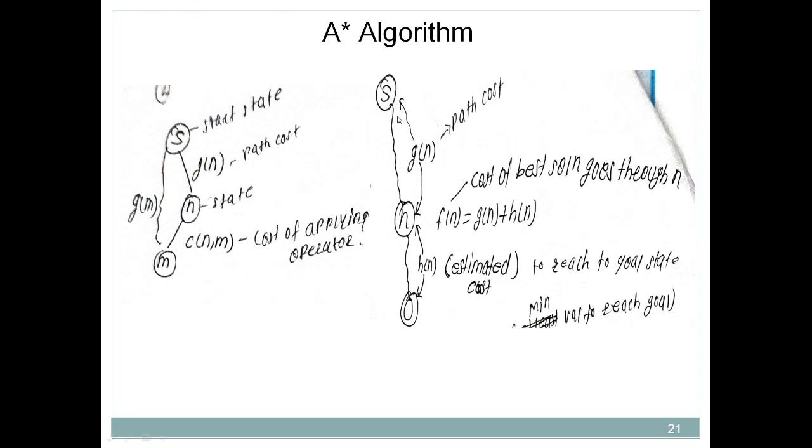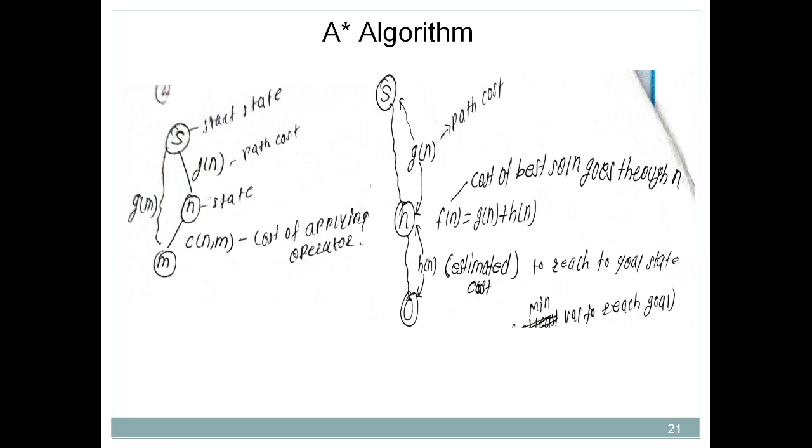Here is a diagram which gives you some idea. S is the starting state and this is your goal state, and we can say N is an intermediate state, because in order to move from your initial node, or you can say source, to destination, there will be n number of intermediate states. So in the case of the A-star algorithm we mainly focus on three values: F value, G value and H value.